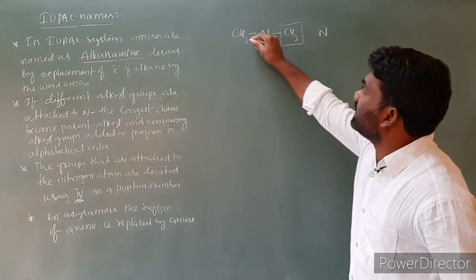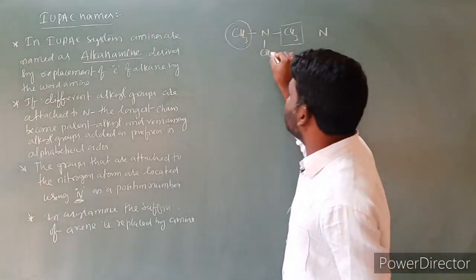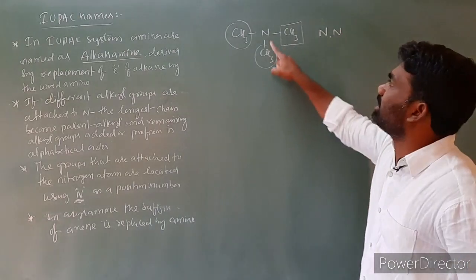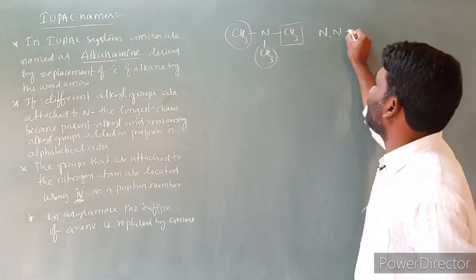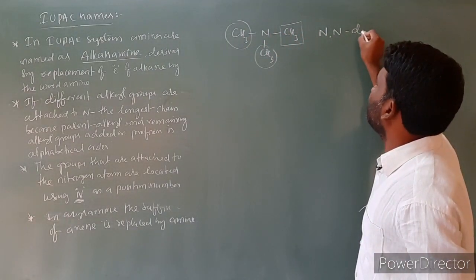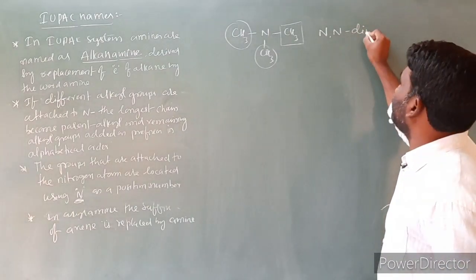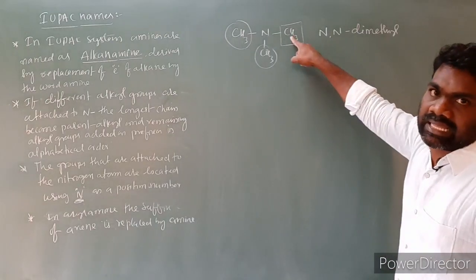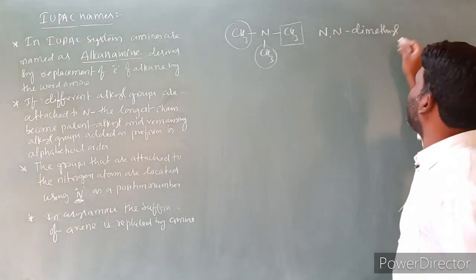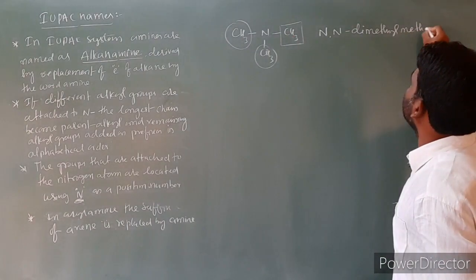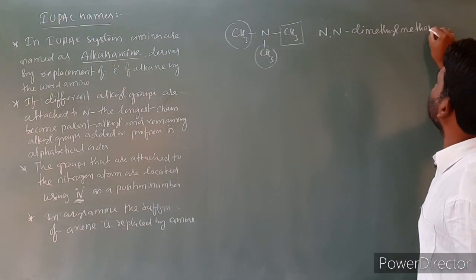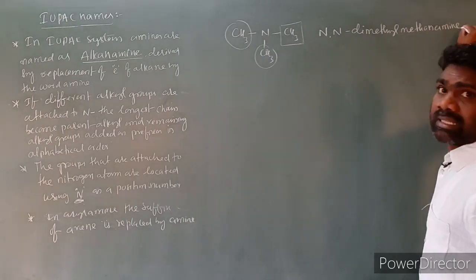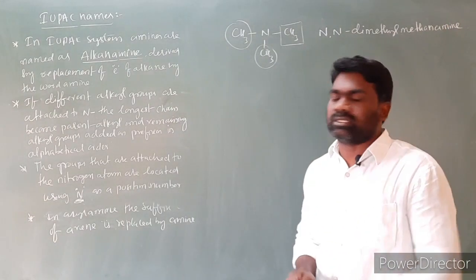This methyl group is attached to the nitrogen, and this methyl group is attached to the same nitrogen. So N comma N. How many of the same type are there? 2, so di. The groups are methyl: N,N-dimethyl. The parent is methane, and we remove E and add amine. So methanamine. This is the name of that compound.